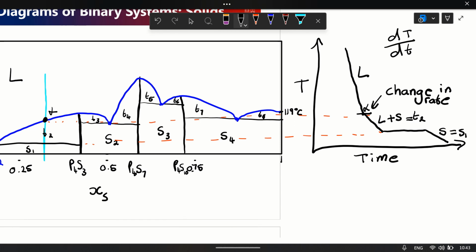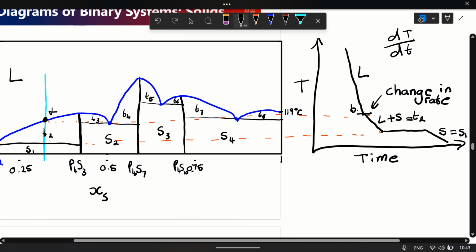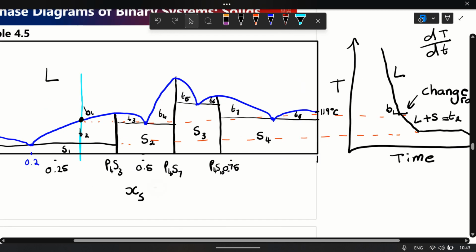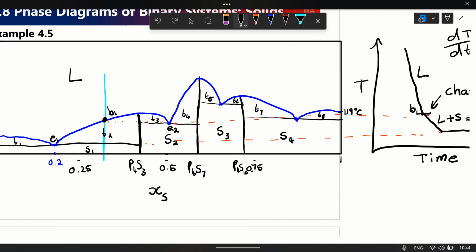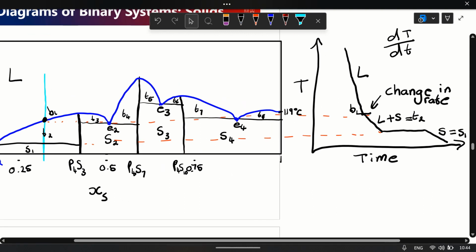So I called it alpha, but you can call it B1. Sometimes it's called B1. And then, of course, we can call these eutectics E1, E2, E3, and E4. So then we can call this point E1.